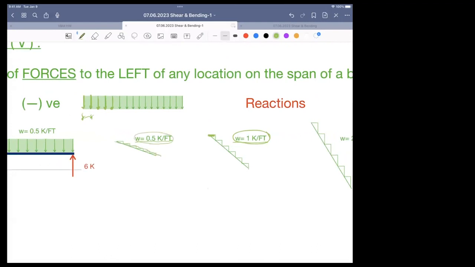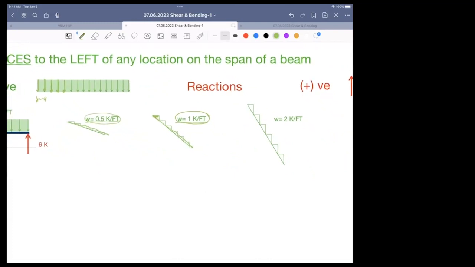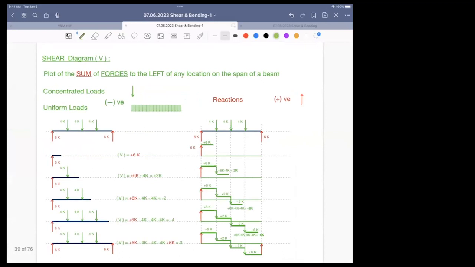shallower. The slope of the line is little w, that slope. So if it's 2 kip per foot, it's a pretty steep line versus 1 kip per foot, which is shallower. I'm not interested in the numbers right now. I'm just trying to say that the shear diagram will be a sloping straight line versus when there was no load between these concentrated loads, the shear diagram was stepped.